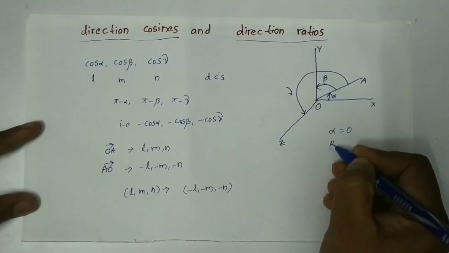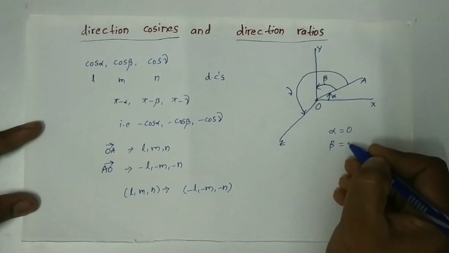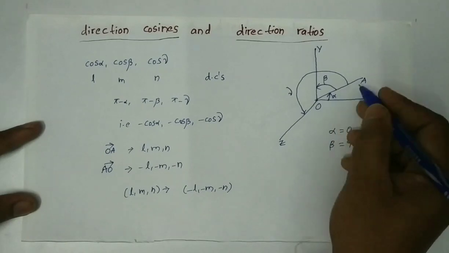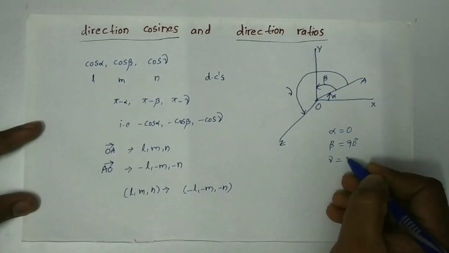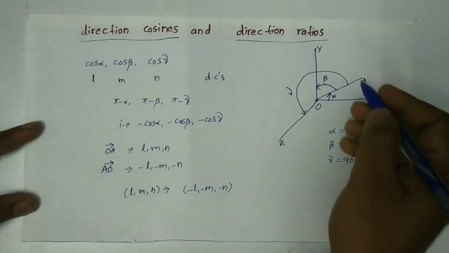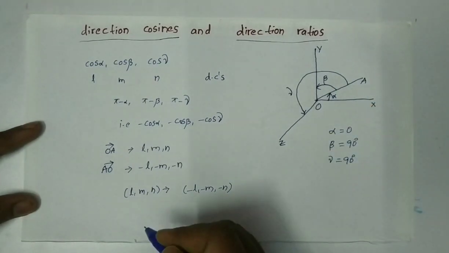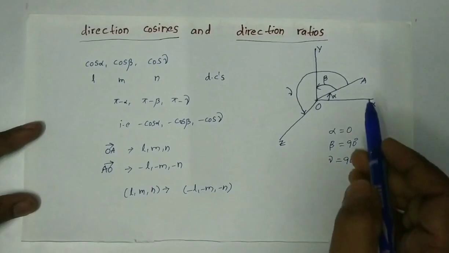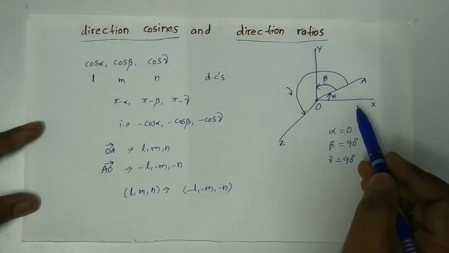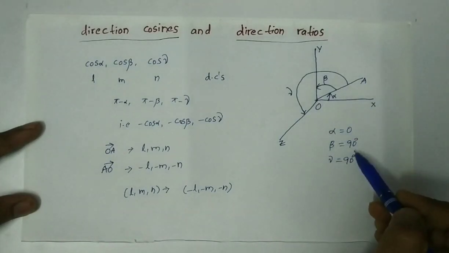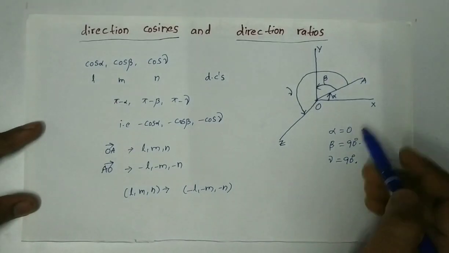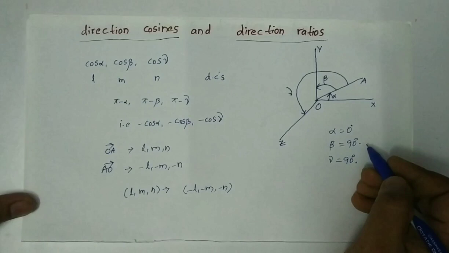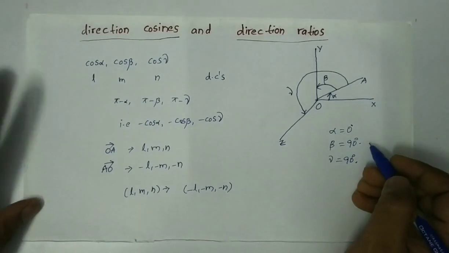What is beta? Beta is 90 degrees because this line is perpendicular to the y-axis. Gamma is also 90 degrees because this line is perpendicular to the z-axis. So we have alpha is 0 degrees, beta is 90 degrees, gamma is 90 degrees.